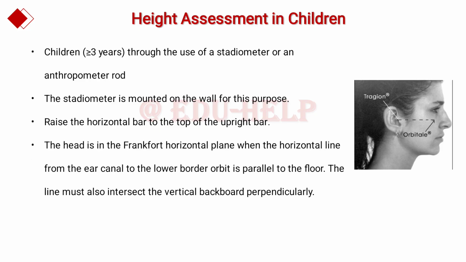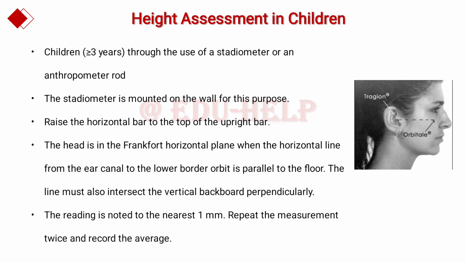The head should be in the Frankfurt horizontal plane, which is the horizontal line passing from the ear canal to the lower border of the orbit, as we can see in the picture. The line must also intersect the vertical backboard perpendicularly. The reading should be noted to the nearest 1 mm and the measurement should be repeated twice and the average value should be recorded.